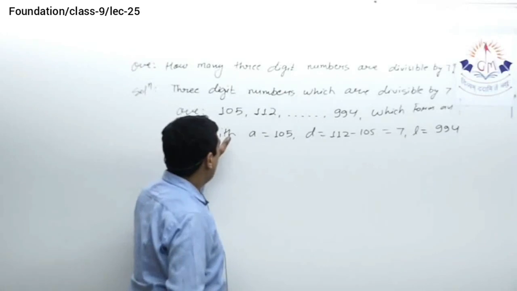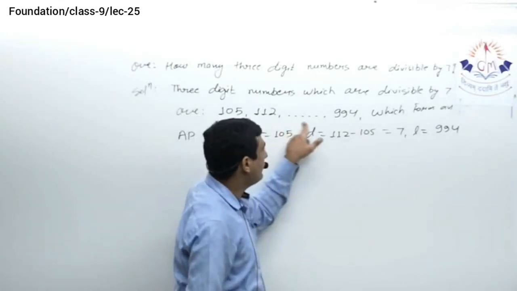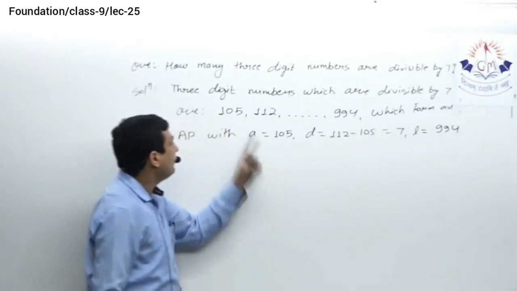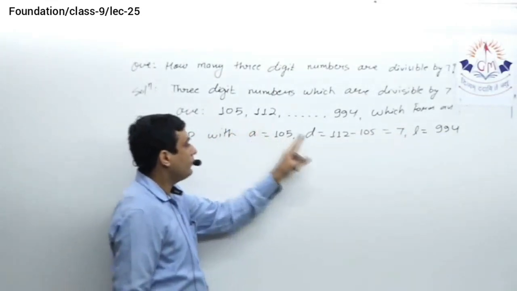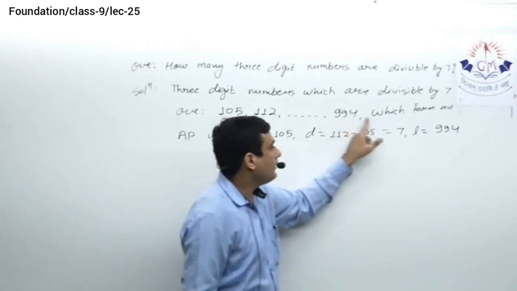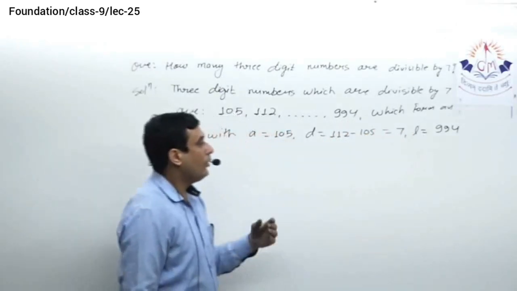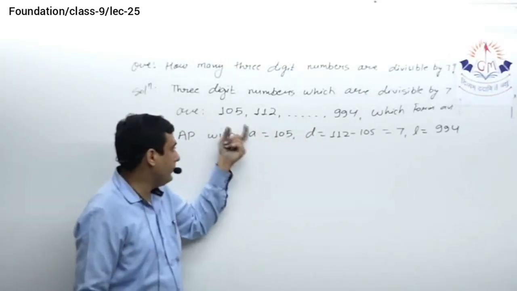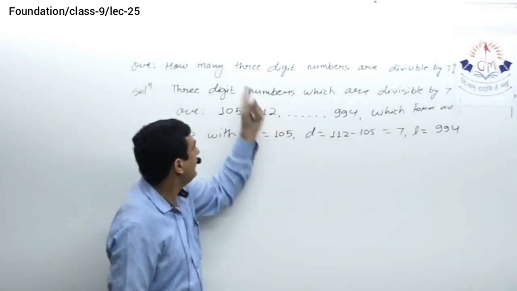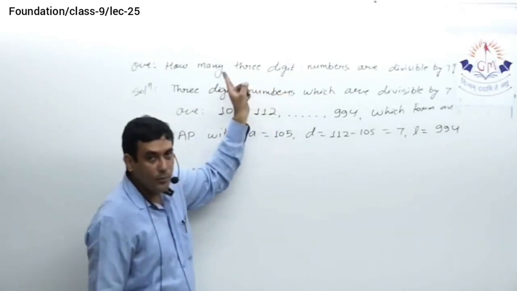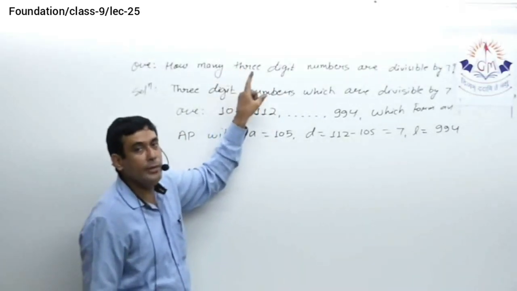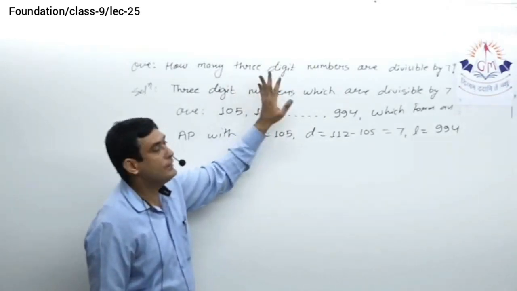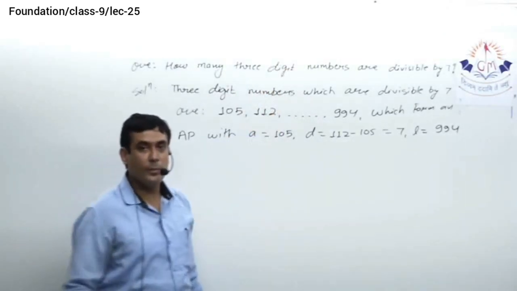Now when I wrote these terms in this way, I observed that this forms an AP whose first term is 105, common difference is 7, last term is 994. Now you have to find how many terms are in this AP. If I get the number of terms, I will get my answer, because the question is how many 3-digit numbers are divisible by 7.